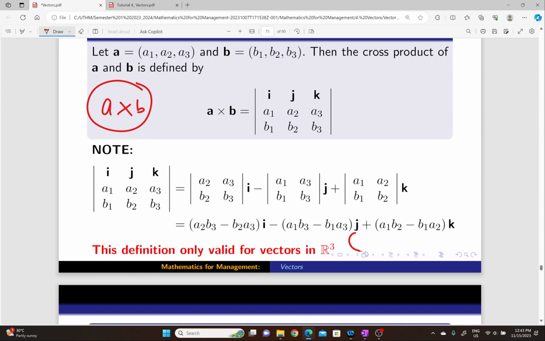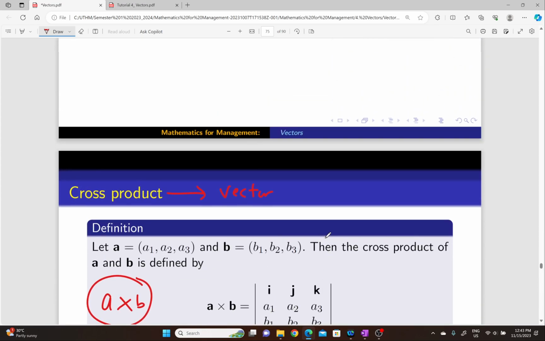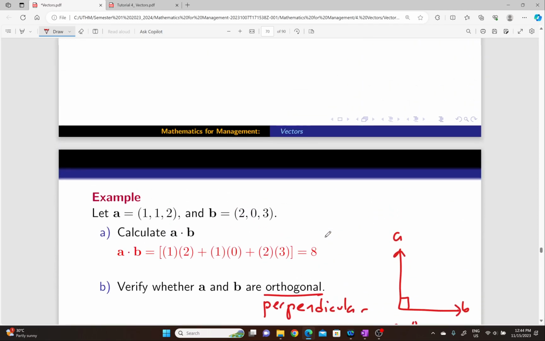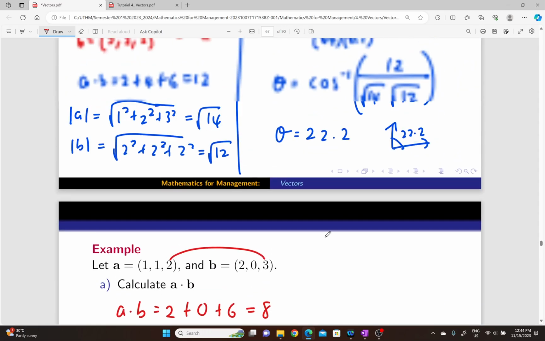Or in other words, we just write it in coordinate form like this. Dot product will give you a scalar, just a number.